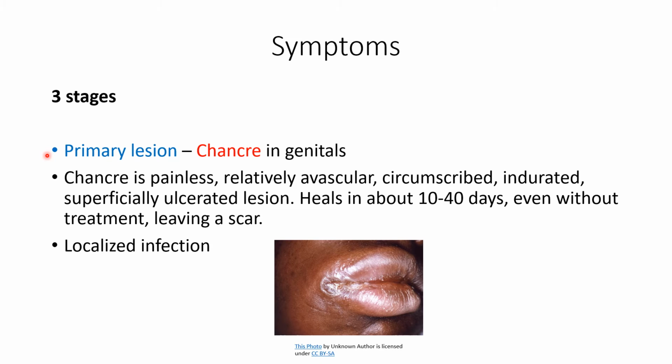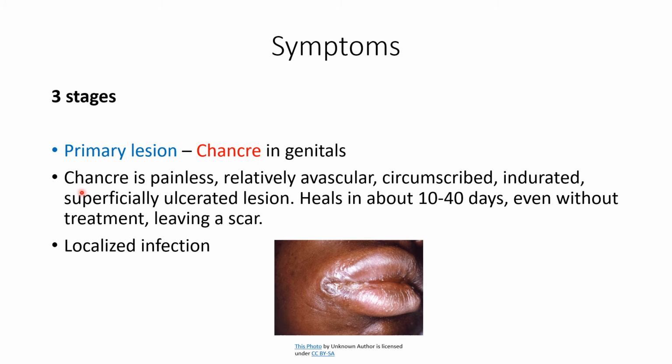And that lesion is called chancre. This lesion is usually seen in the genital region. As I said, the primary mode of entry is through sexual contact. So if the entry happened through sexual contact, the infection happens in the genital region. So how this lesion looks in the genital region is called chancre.